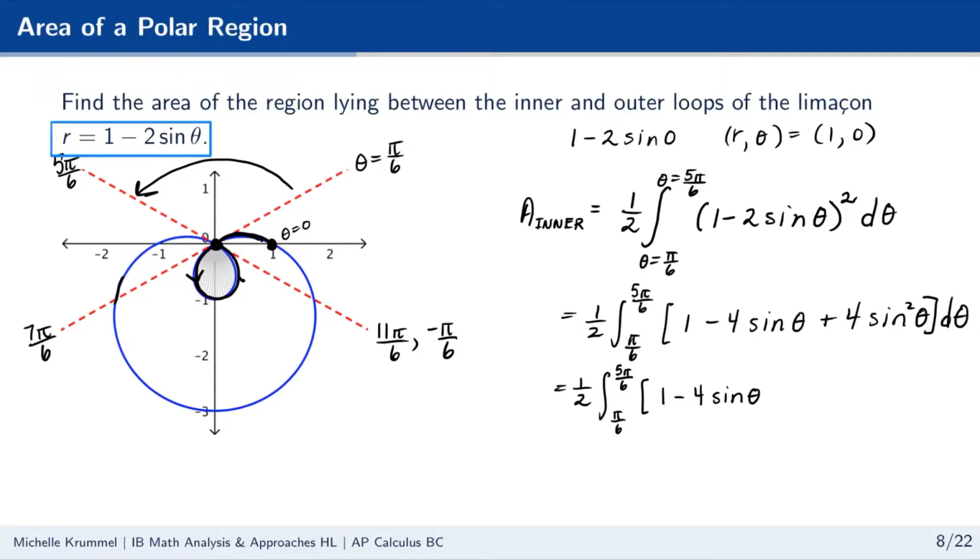To integrate sine squared theta, we need to power reduce. So plus 4 times 1/2 times 1 minus the cosine, and then double the angle. The angle is theta. We need to double that, so 2 theta, d theta. Okay?